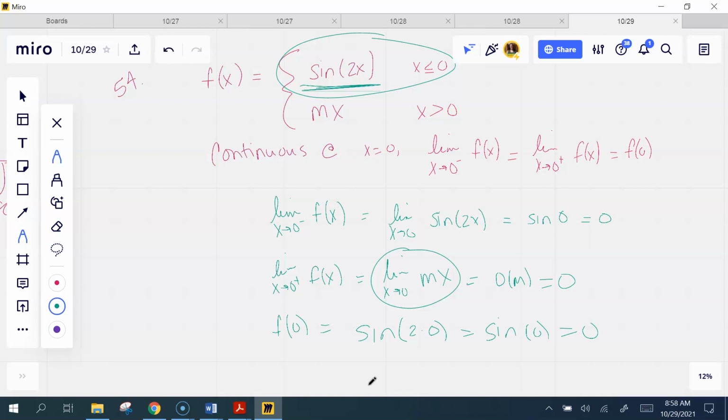I have to show 3 things, remember. The limit from the left equals the limit from the right, and that last step is ensuring that I do not have a hole. Because I could have some function with a hole where the limit from the left and the right is the same, but the function value is not, and so it's not continuous. So you've got to plug it in and make sure it equals what you just got.